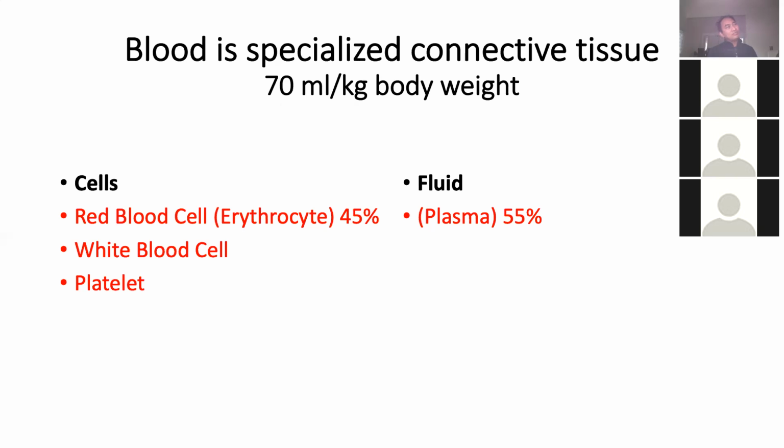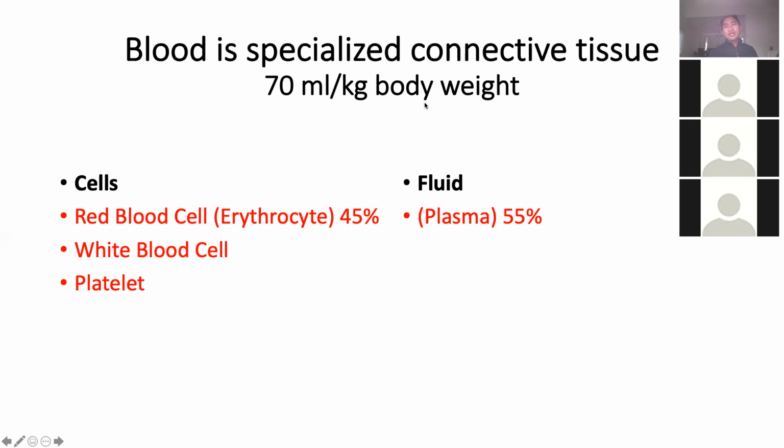For a 100 kg person, it is 7,000 ml, so 7 liters. Now you know what blood is and how much blood we have in our body.